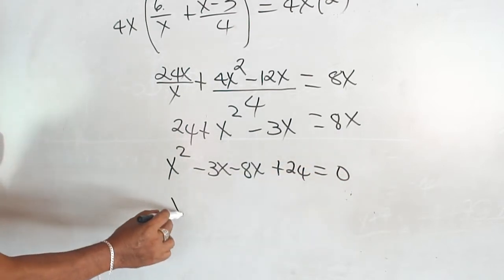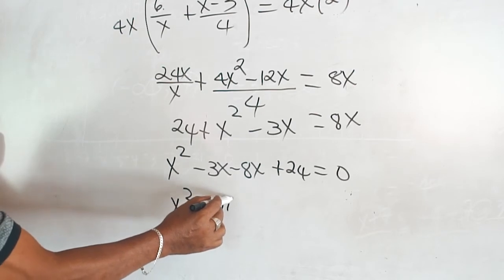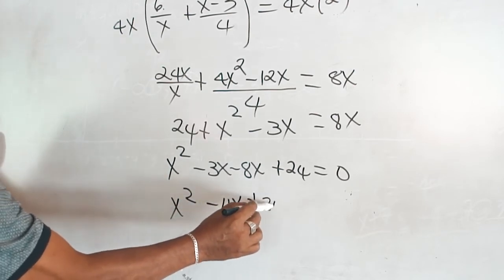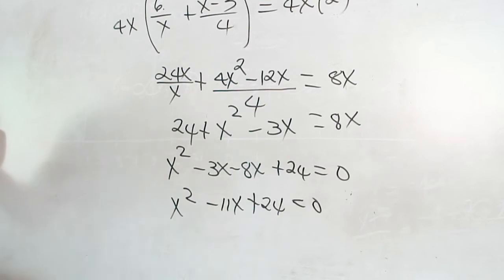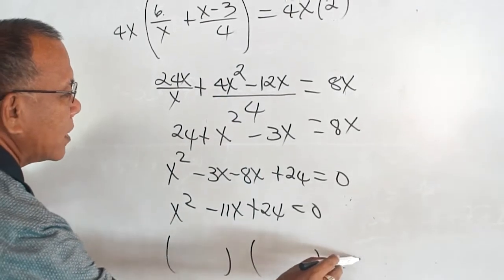Then find the factors of x squared minus 3x minus 8x plus 24 equals 0. Combining, we have x squared minus 11x plus 24 equals 0. Now we find the factors: write two adjacent parentheses equals 0.